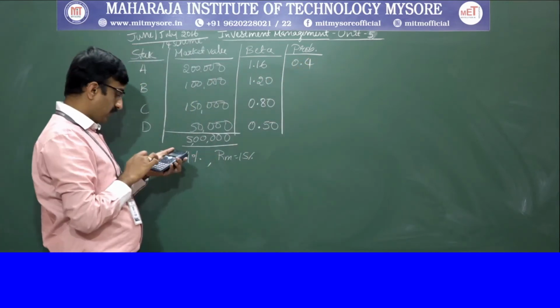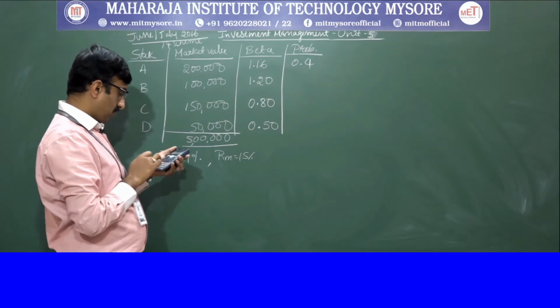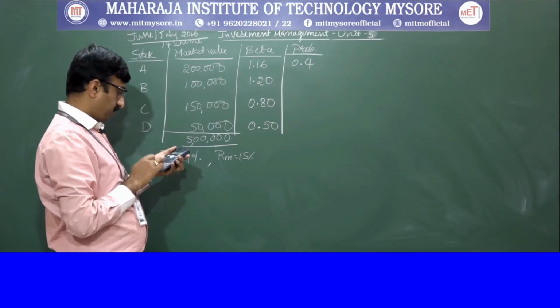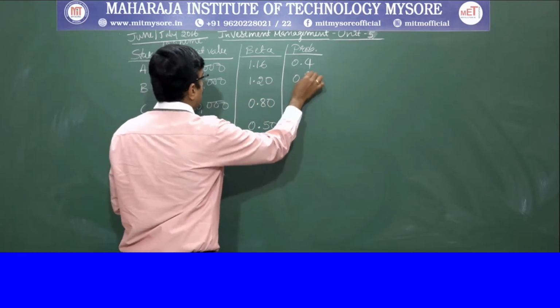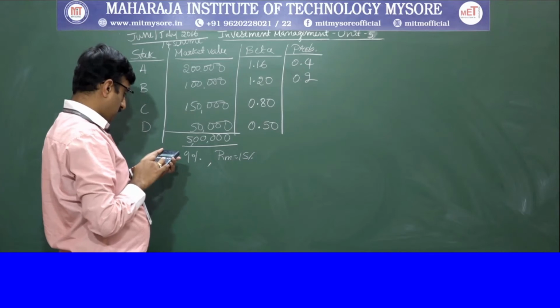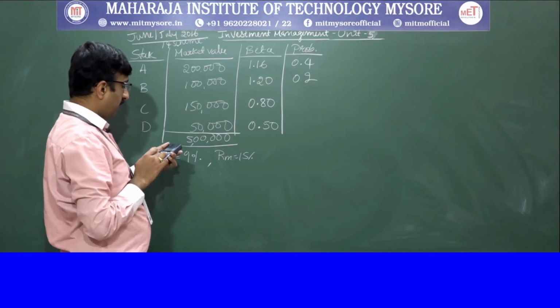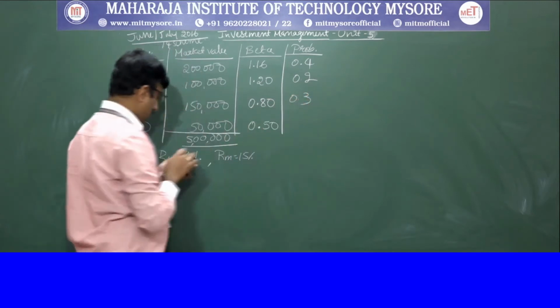Next, 1 lakh divided by 5 lakh, you will get 0.2. Next, 1,50,000 divided by 5 lakh, you will get 0.3.